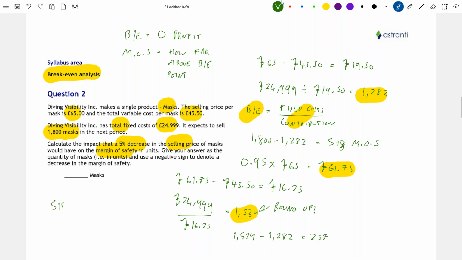So 518 minus 257 is 261 masks less than we expect to sell. So 261 masks less in terms of our new margin of safety. And we denote this decrease in the margin of safety with a negative sign.